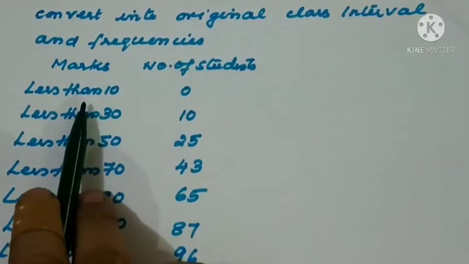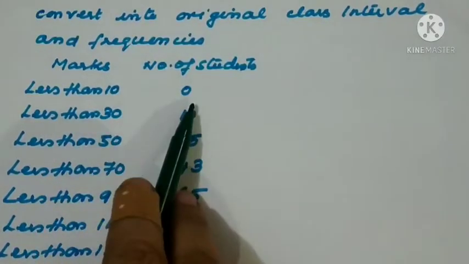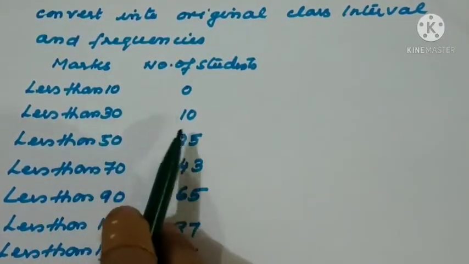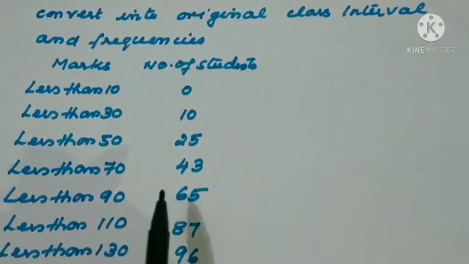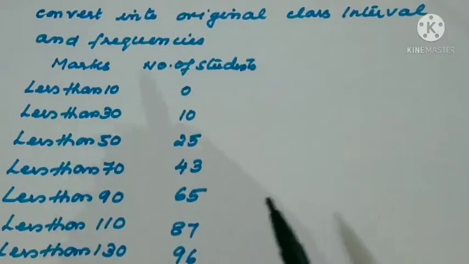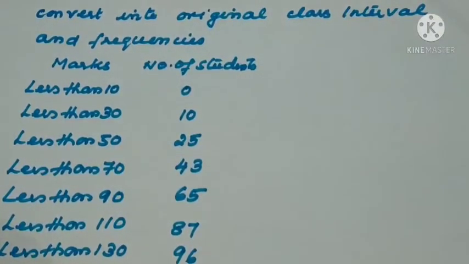They have given: less than 10, 0 students; less than 30, 10 students; less than 50, 25 students; less than 70, 43 students; less than 90, 65 students; less than 110, 87; less than 130, 96; less than 150, 100.